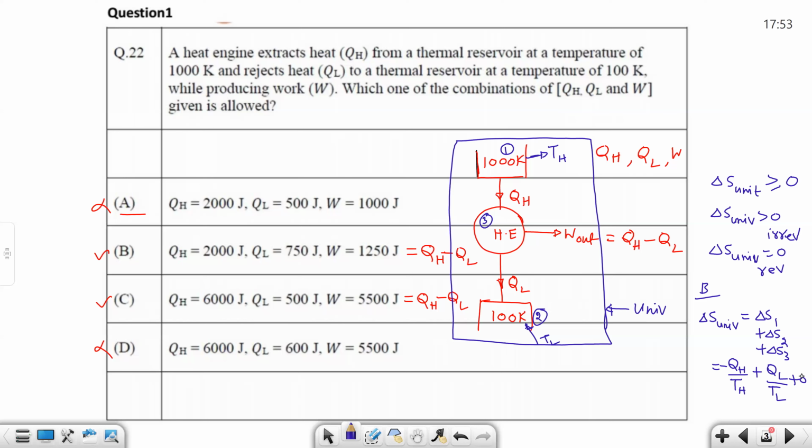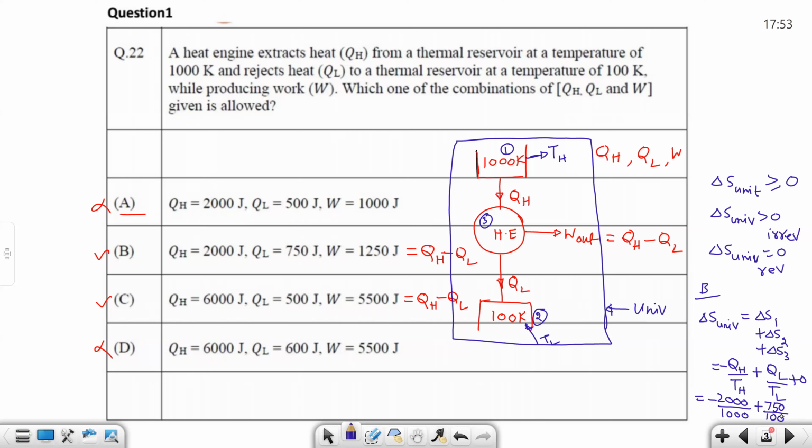Now let's substitute all the values. For B, QH will be 2000, so minus 2000 by 1000 plus QL 750 by 100.